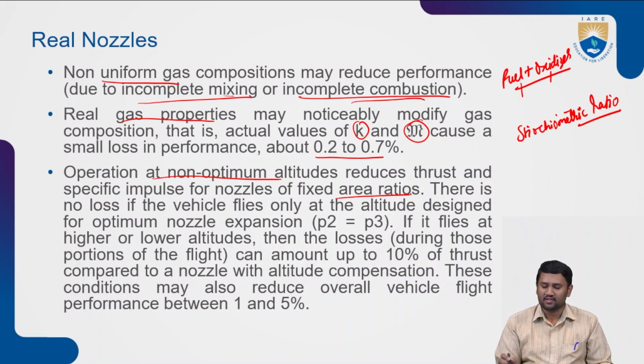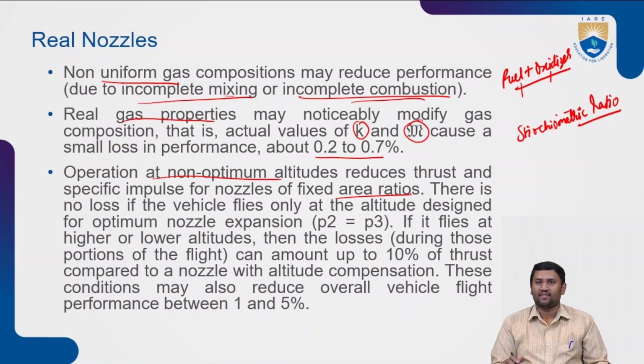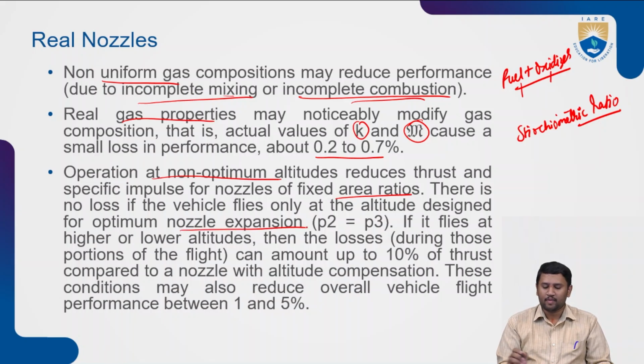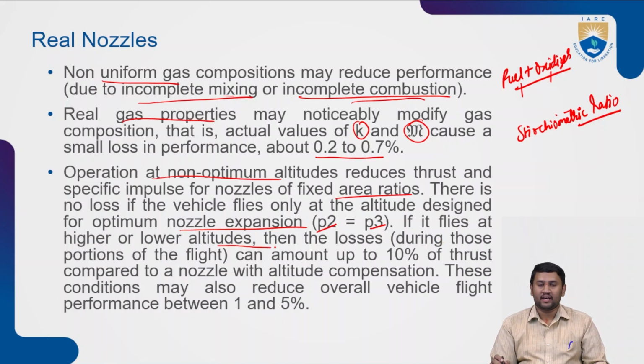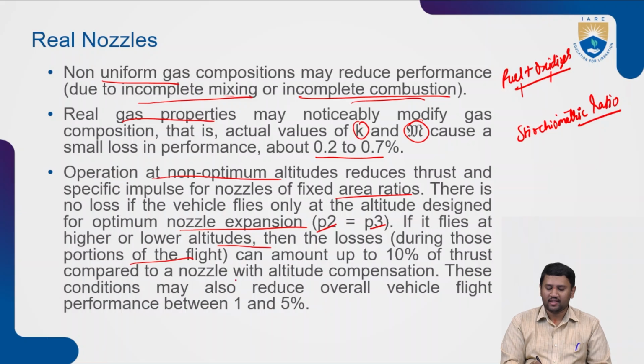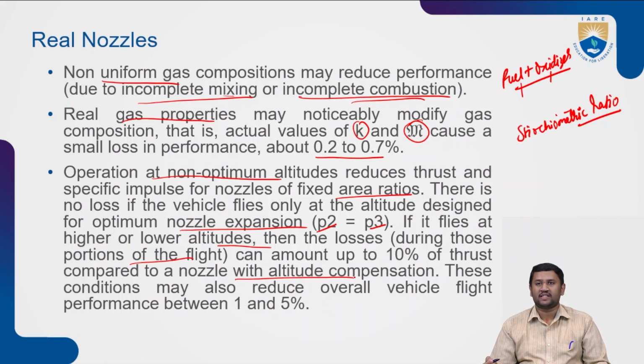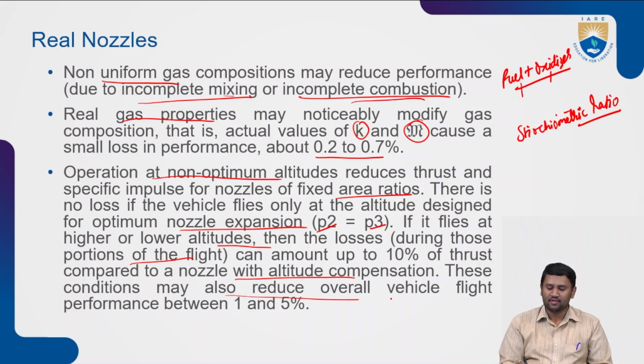For fixed area ratios, there is no loss if the vehicle flies only at the altitude designed for an optimum nozzle expansion, that is P2 equals P3. If it flies at higher or lower altitudes, then the losses during portions of the flight can amount to up to 10% of the thrust compared with altitude compensation. And these conditions may reduce overall vehicle performance by 1 to 5%.